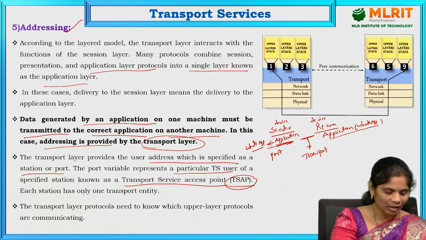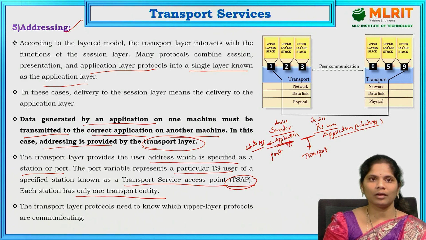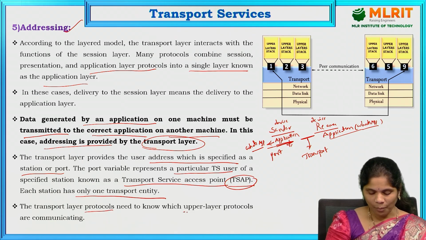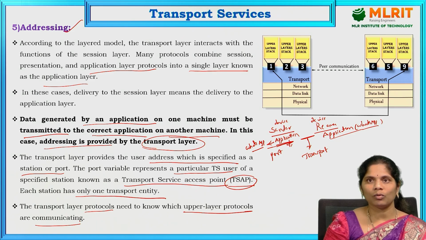Each station has only one transport entity for sending and receiving data. The transport layer protocol needs to know which upper layer protocols are communicating, using the addressing only. This is the main transport service of the transport layer.